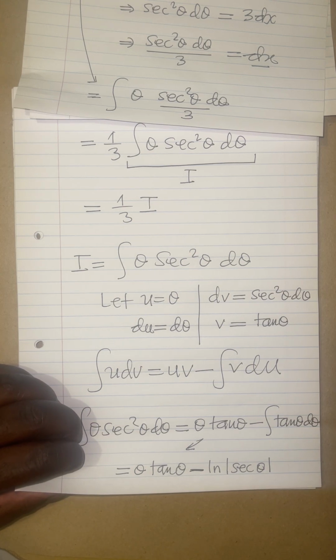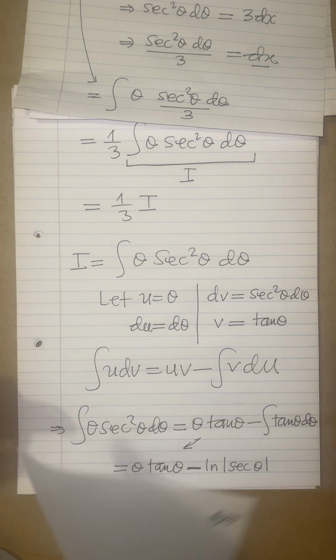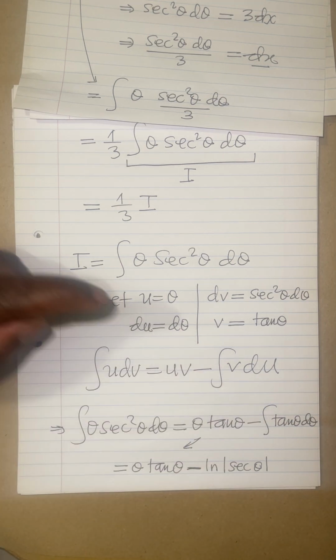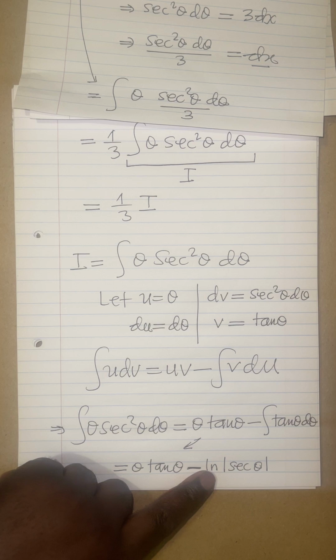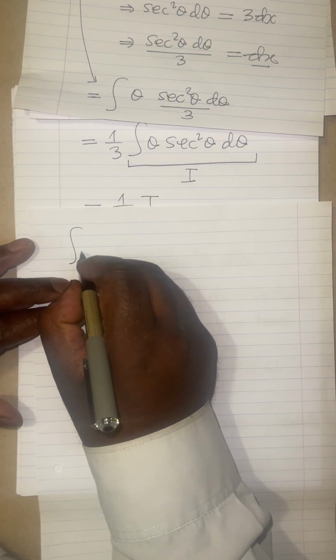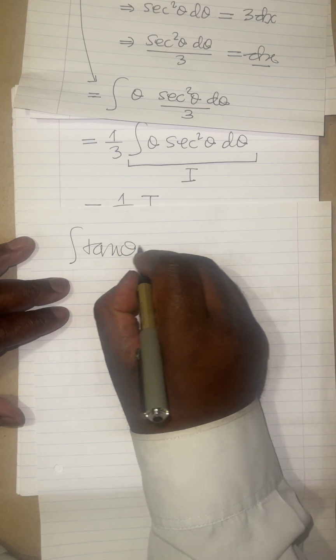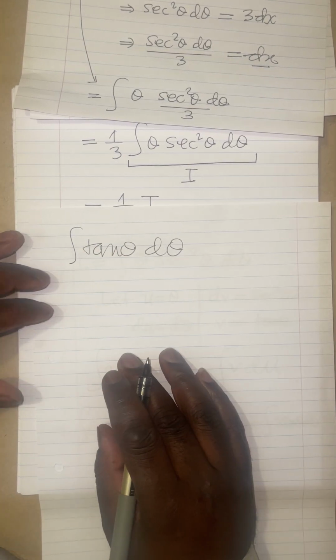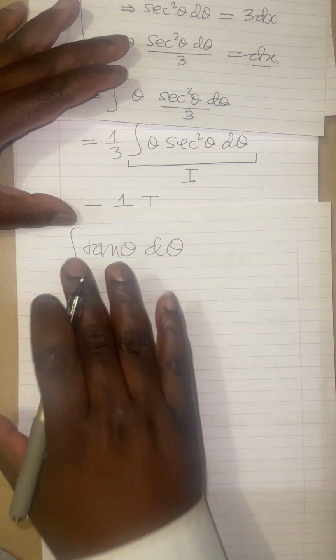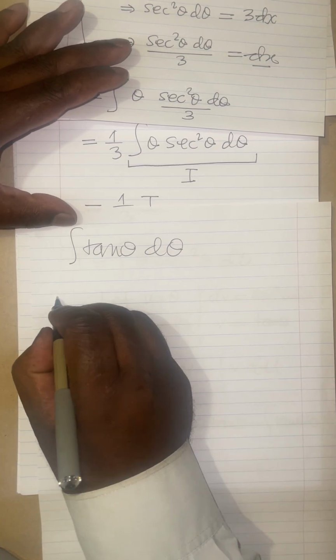If I may get a separate page here, and here we go. So basically, I'm saying the integral of tan equals the natural log of the absolute value of secant. So we're saying the integral of tan theta d theta. By the way, this is enough to be in an exam as a question on its own. So how do we evaluate this?